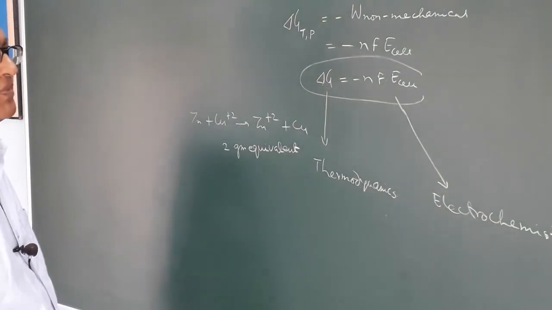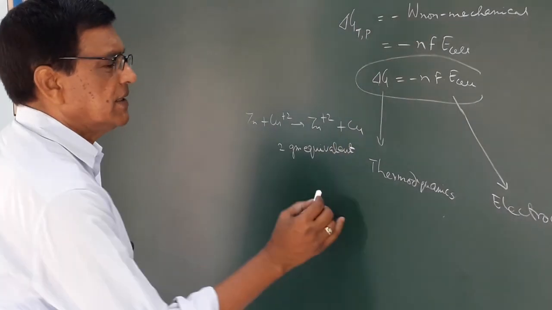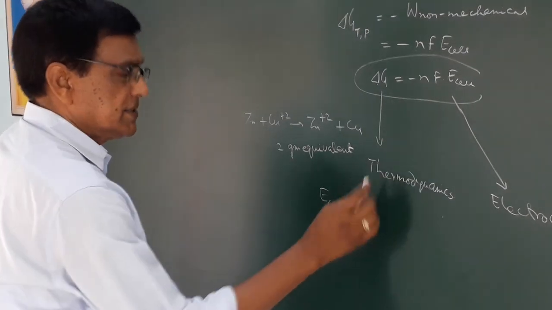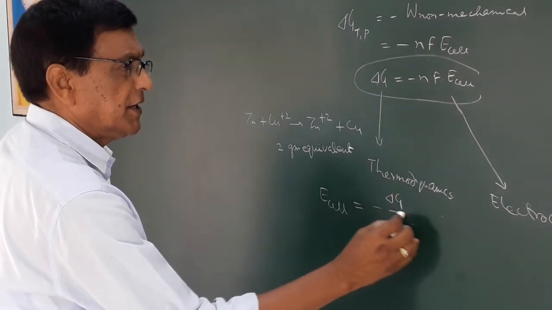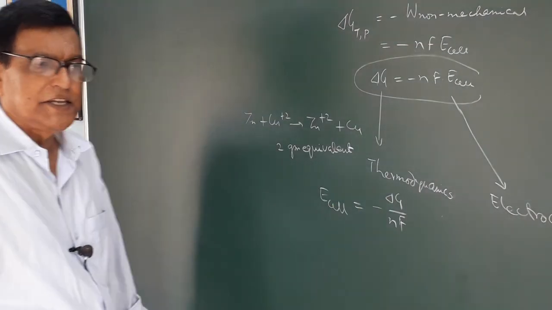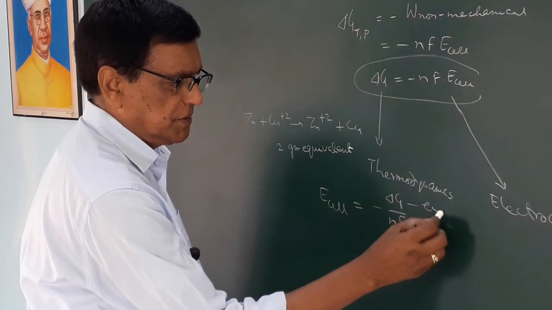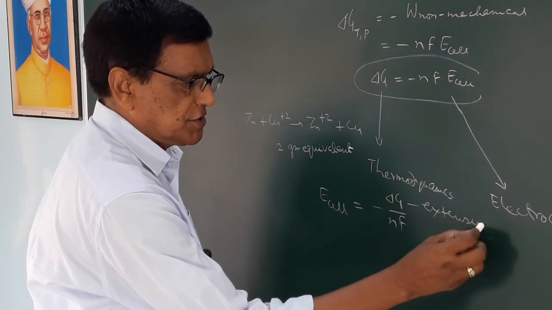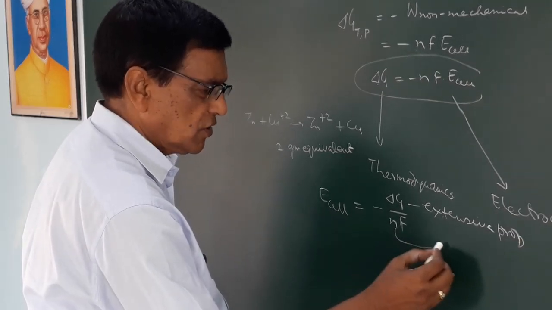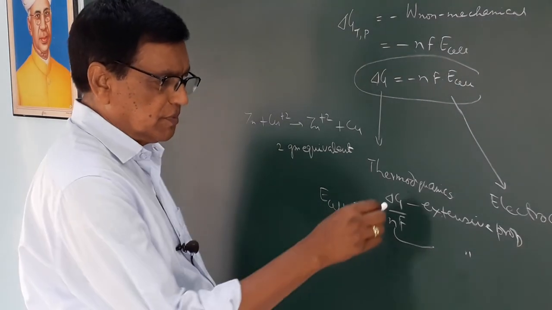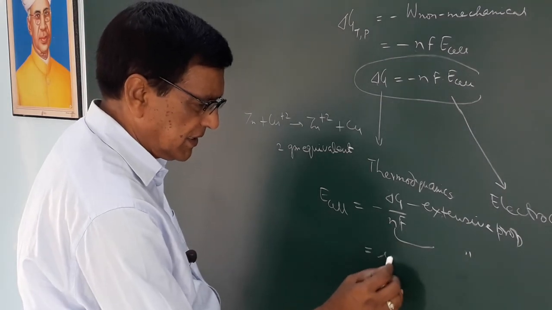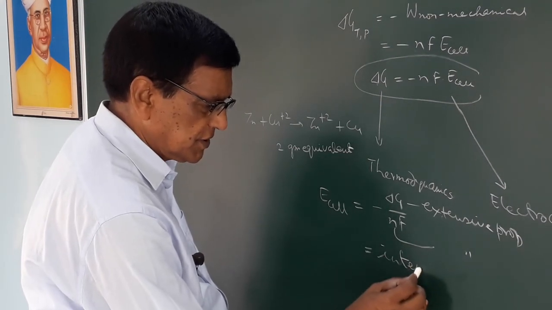And from this you can see E cell equal to minus delta G divided by nF. Since delta G is an extensive property, and n is also an extensive property, the ratio of these two extensive properties becomes an intensive property.